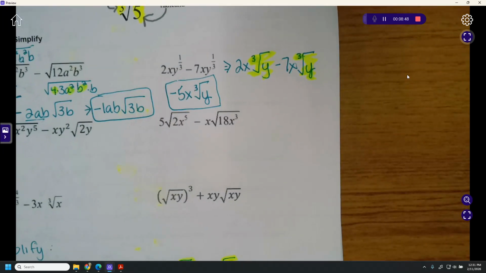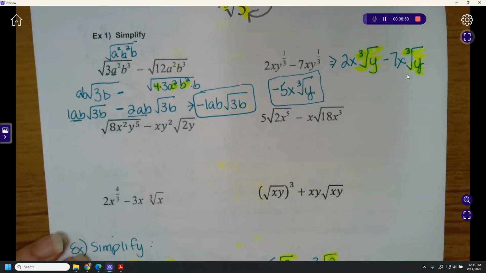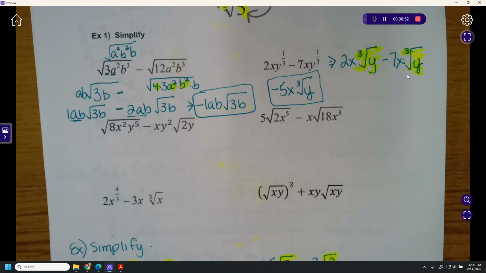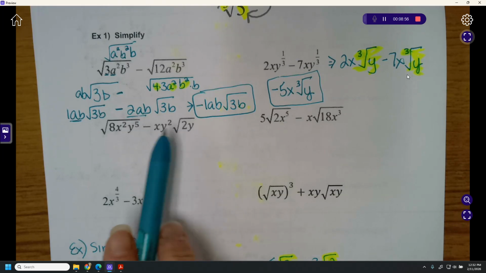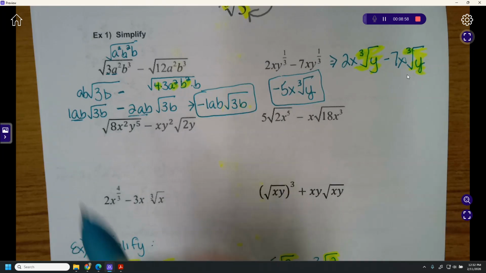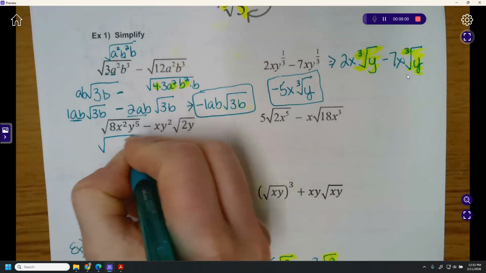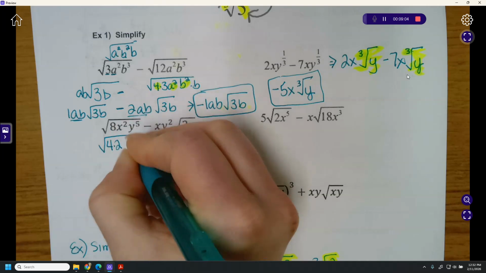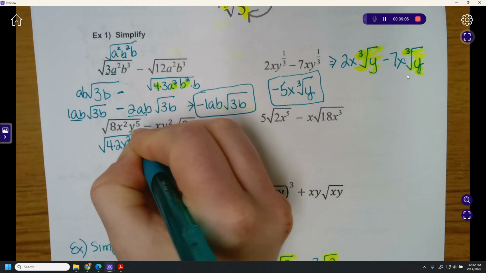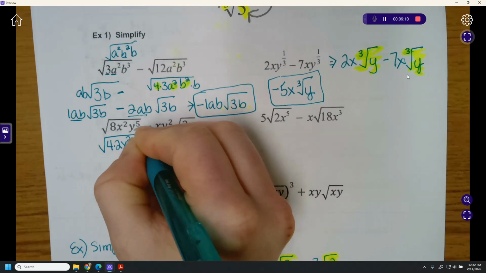Okay, let's keep going. I look over here, I can't simplify that at all. I'm guessing I can simplify this. So I'm going to rewrite 8 as 4 times 2. X squared is already an even power. And I'm going to rewrite y to the 5th as y to the 4th times y.